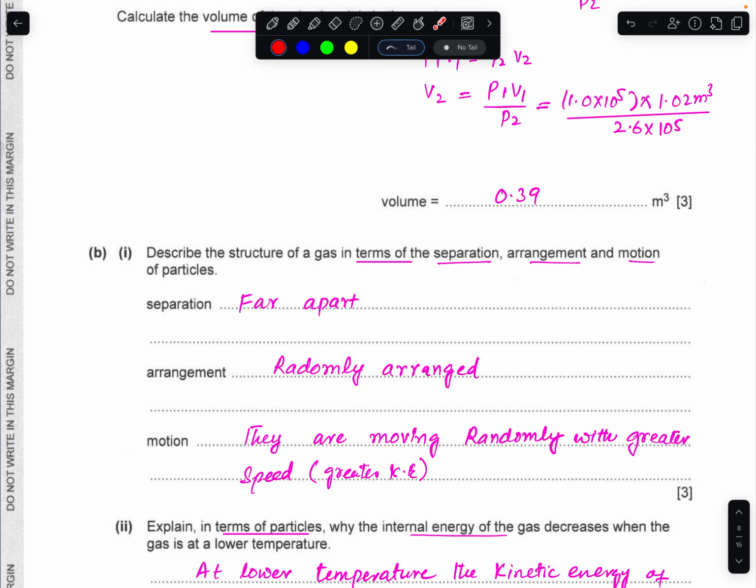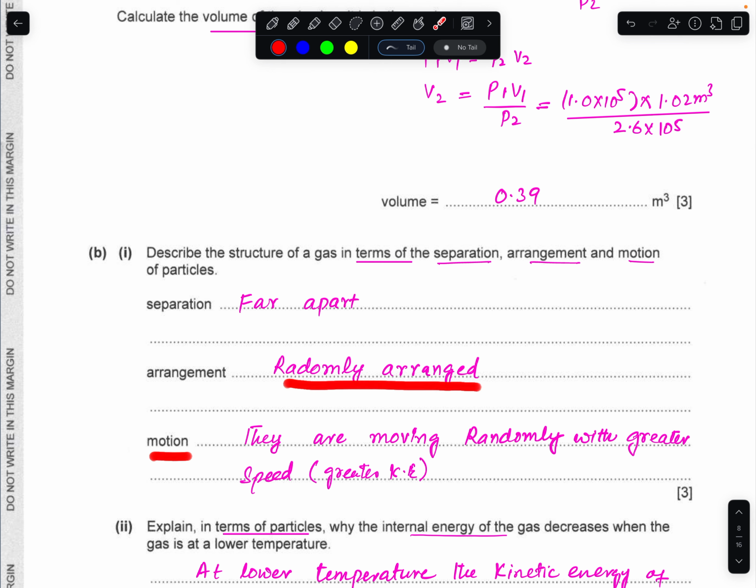Describe the structure of the gas in terms of separation, arrangement, and motion of the particles. Be very careful with these terms: arrangement, separation, and motion of the particles. If we compare solid, liquid, and gas, the gas particles are further apart, away from each other. The gas particles are randomly arranged.